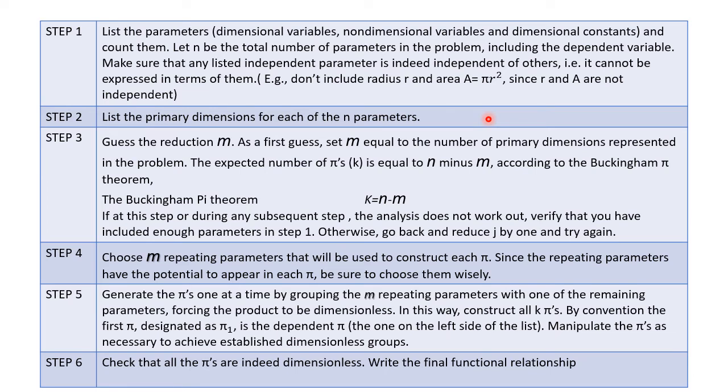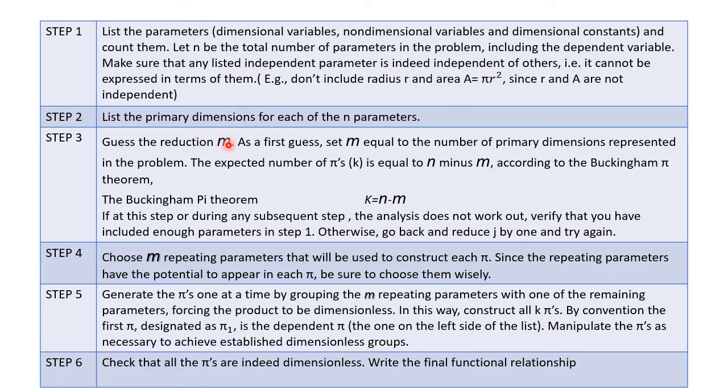Next, step 3 is to guess the reduction m. As the first guess, set m equal to the number of primary dimensions represented in the problem. Suppose once you write the dimensionless parameters, you observe the number of primary dimensions involved. If there are 3 primary dimensions, then you set your m value equal to 3.